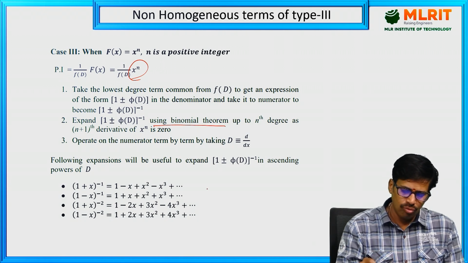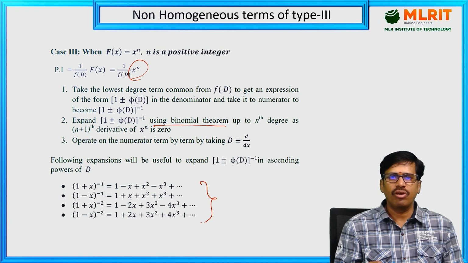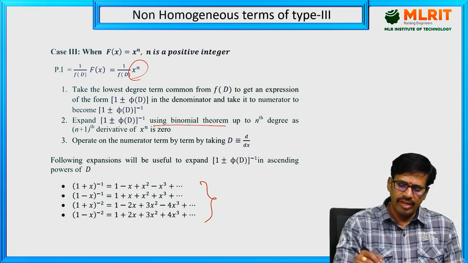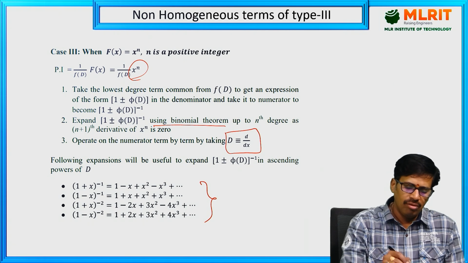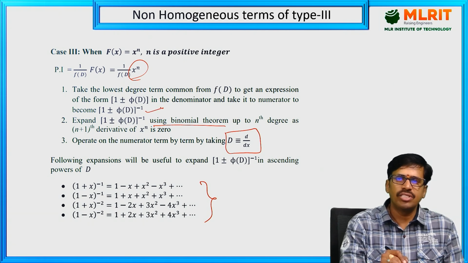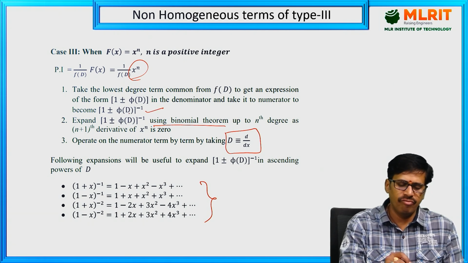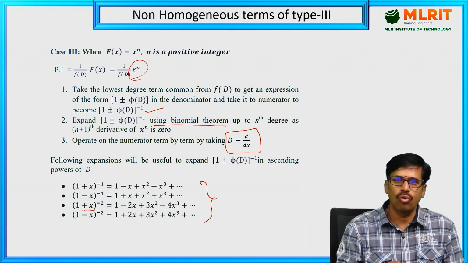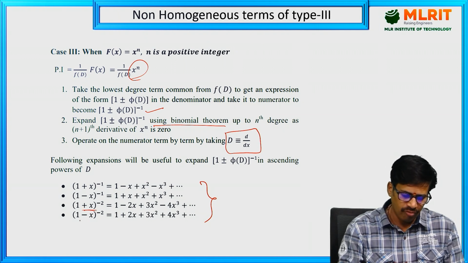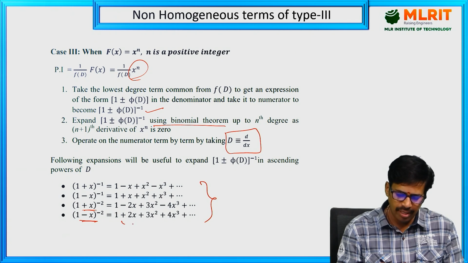So we have to apply any one of these formulas, where capital D means d by dx. We have to write the given function in this form: (1 plus or minus some function of D) whole inverse, or (1 plus x) whole power minus 1 or minus 2, or (1 minus x) whole power minus 2, and apply these formulas.